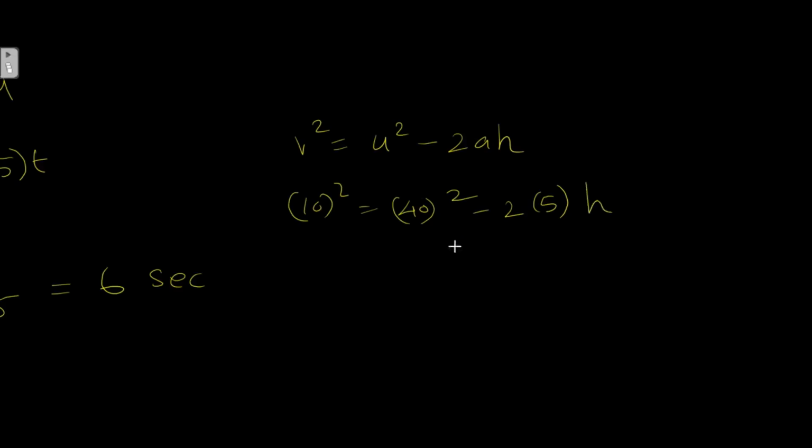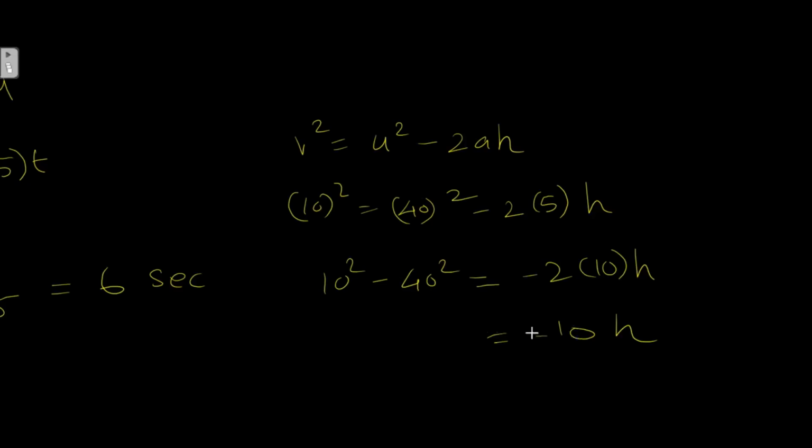We need to find h. So 10 square minus 40 square equals minus 2 into 5 into h, that is minus 10 h.